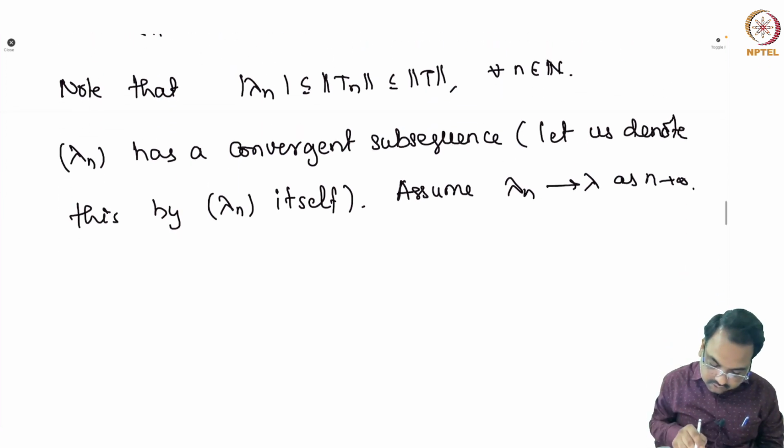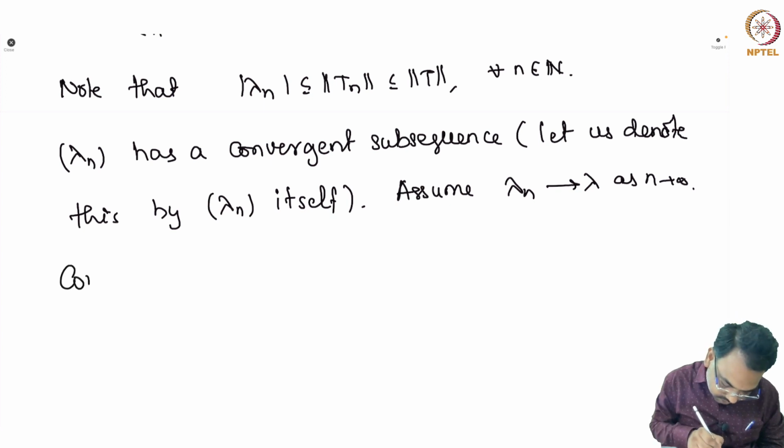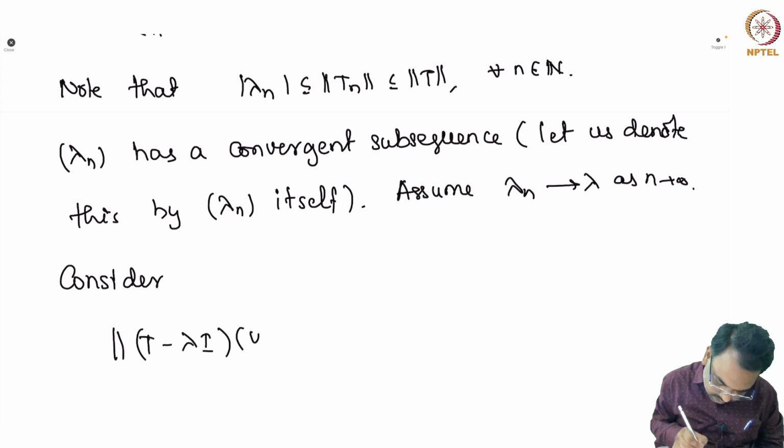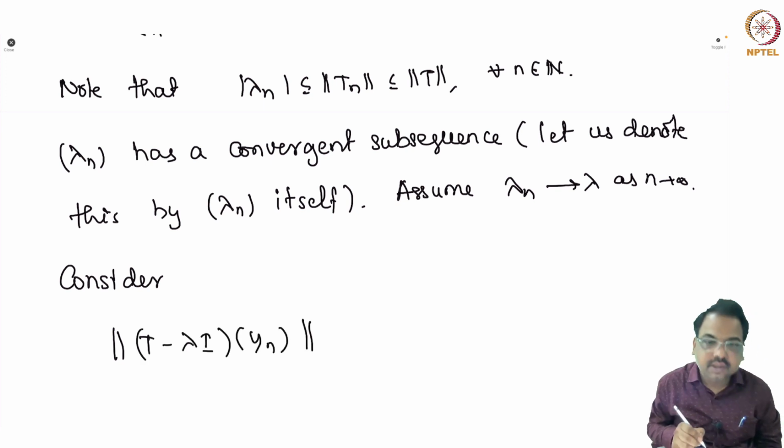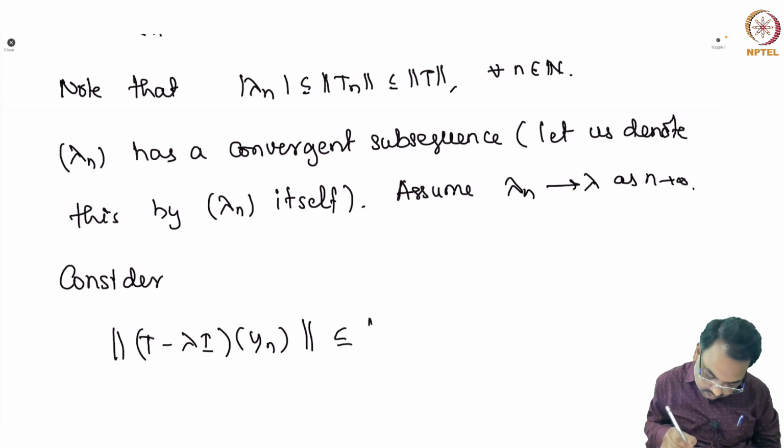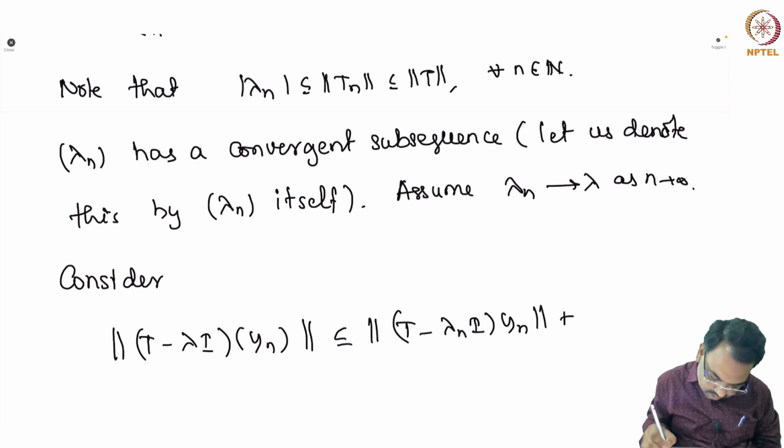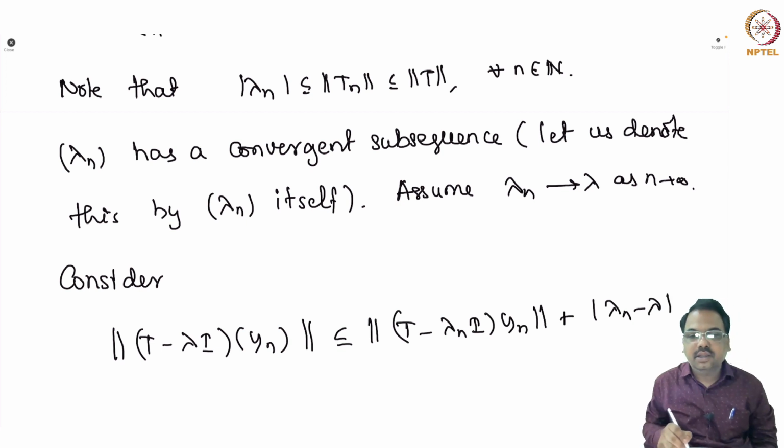Now what exactly we want to show is that we can consider norm of (T minus lambda I) y_n. By the triangle inequality, this is less than or equal to norm of (T minus lambda_n I) y_n plus mod lambda_n minus lambda times norm y_n, that is 1.